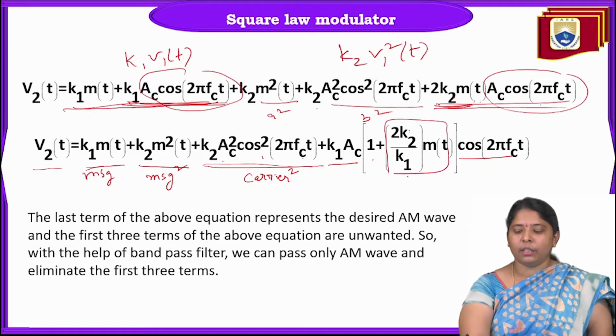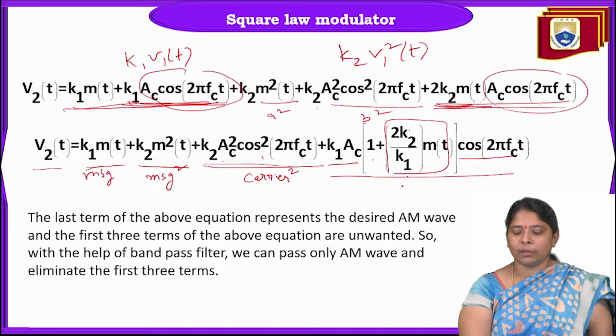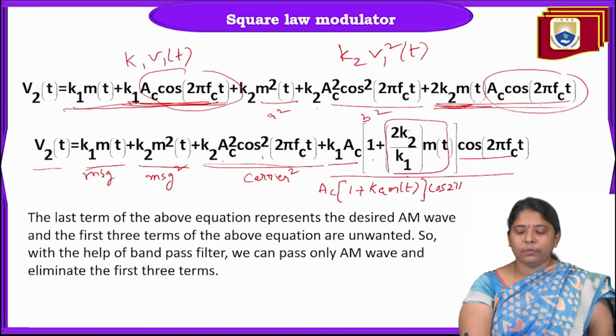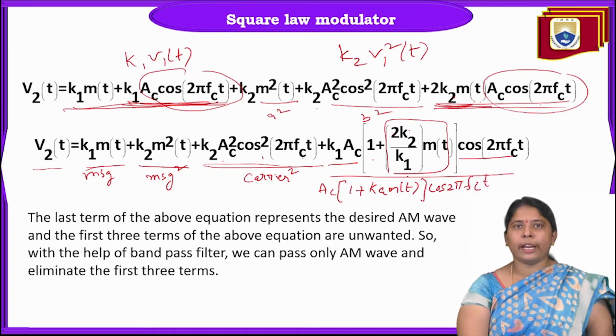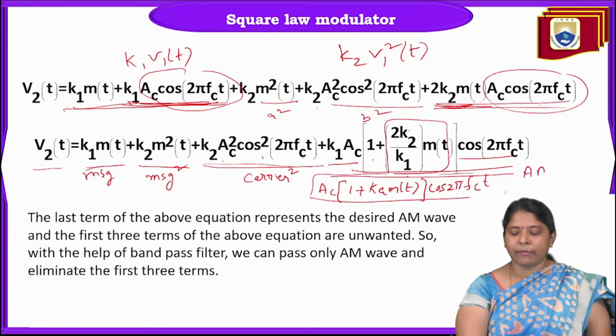So after getting this, what is this term? This term actually looks like an AM wave term. The AM wave term is Ac into 1 plus Ka m of t into cos 2 pi fct. This is similar to the AM wave term. The fourth term is the required term, that is the AM wave term.